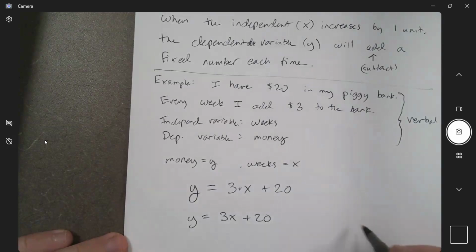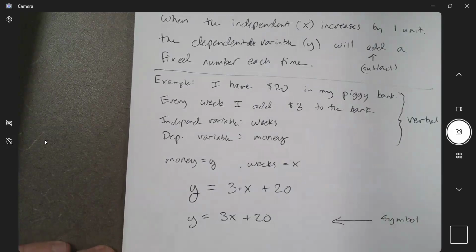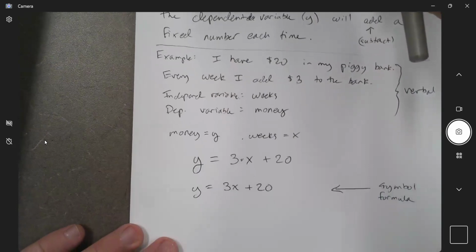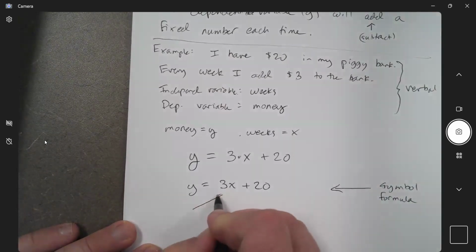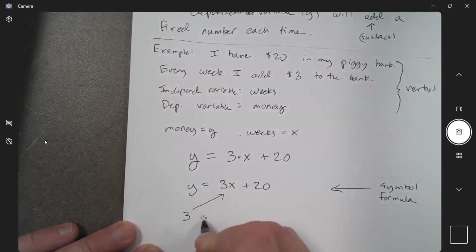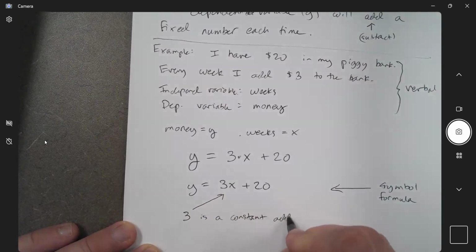So here's our symbol representation, or formula. This $3, the 3 is a constant addition, rate of change.